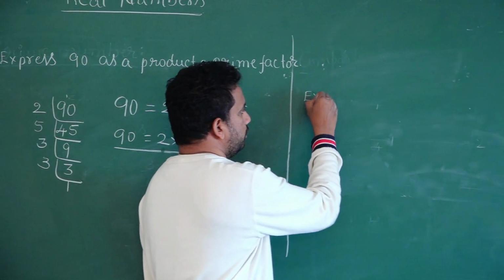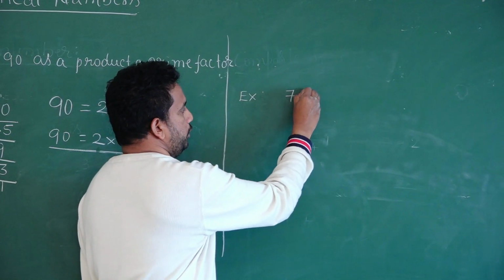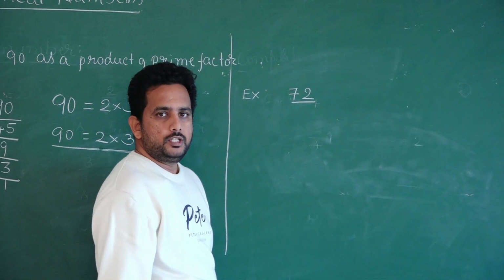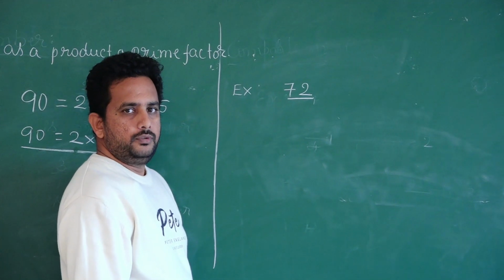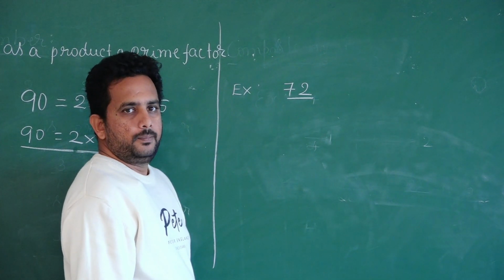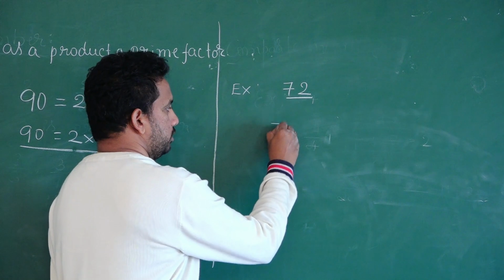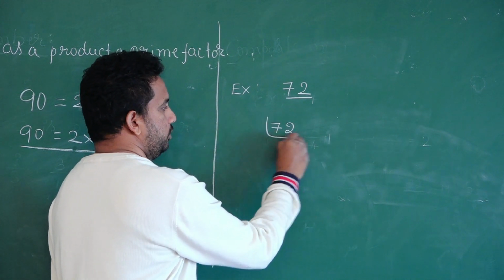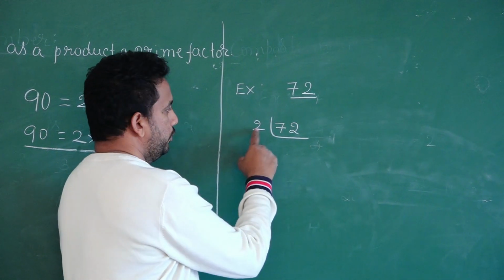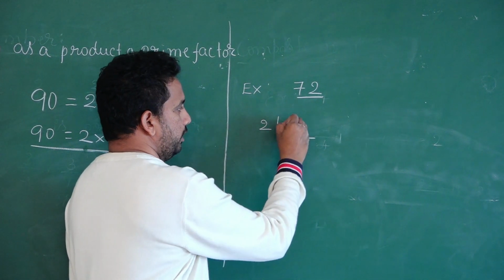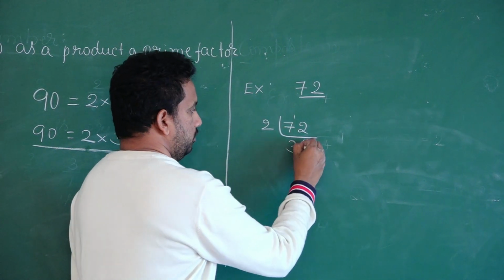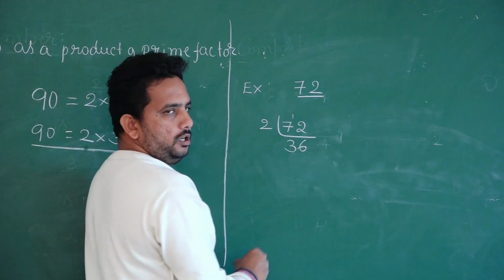Example 2. So we take 72. 72 is a composite number, so this number also we can express as a product of prime numbers. 72 is an even number, so this is divisible by 2. 2 threes are 6, 1 carry, so 12, 2 sixes are 12.